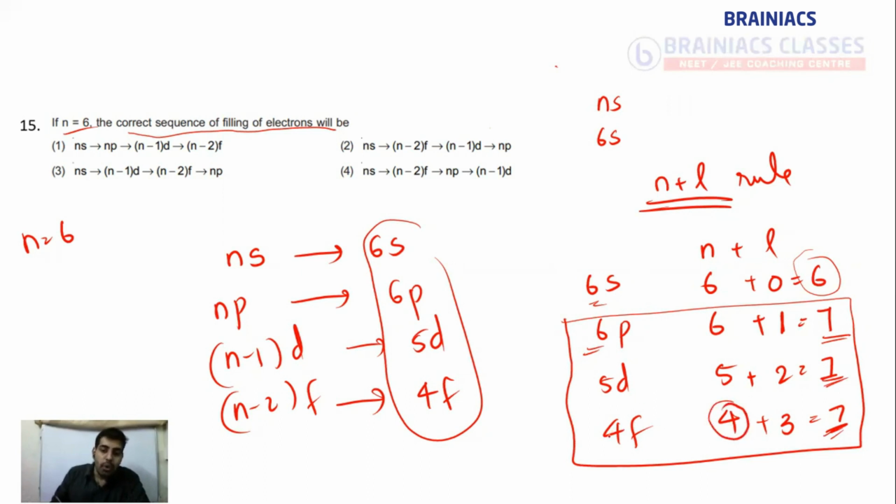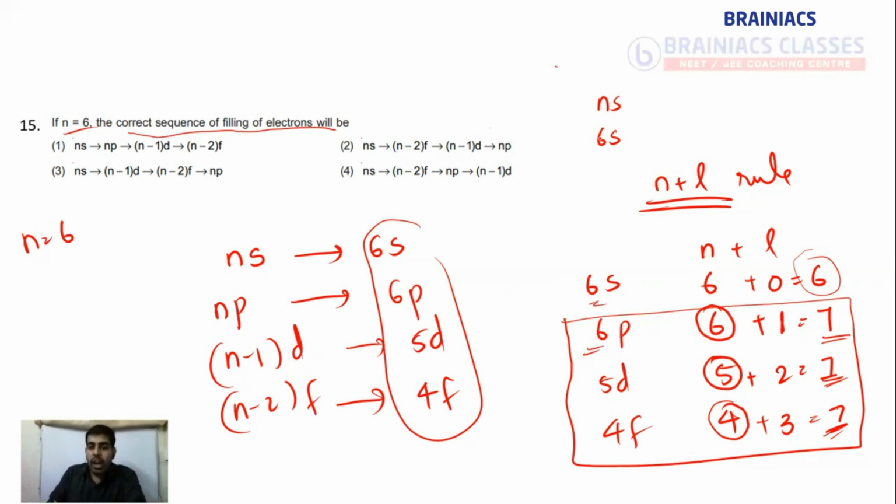Compared to 4f, 5d has a higher n value, so 5d has higher energy. Compared to 5d, 6p has a higher n value, so 6p has higher energy. So if more than one orbital has the same n plus l value, you have to check the n value. The orbital with lower n value will have lower energy, and the orbital with higher n value will have higher energy.